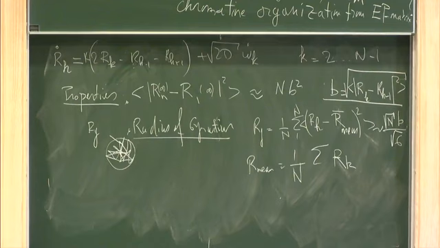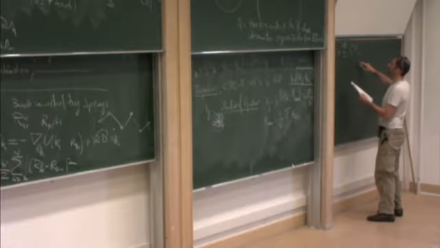Let's define Up, which is the sum over n, from 1 to n or n minus 1, it's not written in my notes, of alpha pn multiplied by Rn.